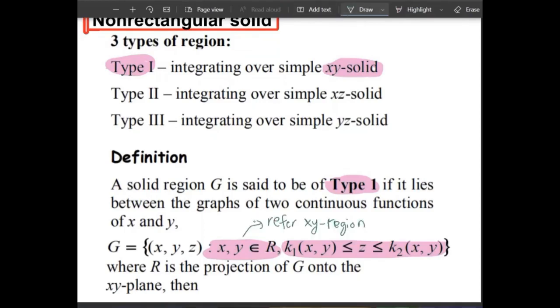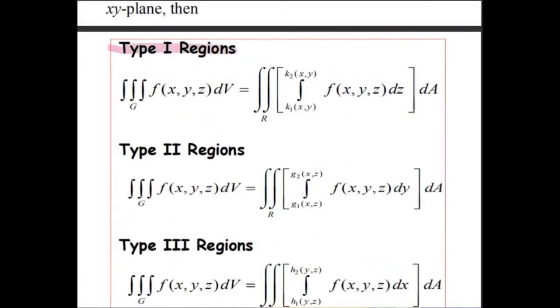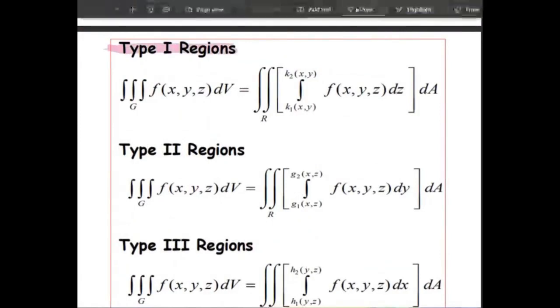You remember you have dx dy and dy dx, so you can choose. If you choose type 1, the region lies on the xy plane, and this is dA. So dA can be dx dy or dy dx.